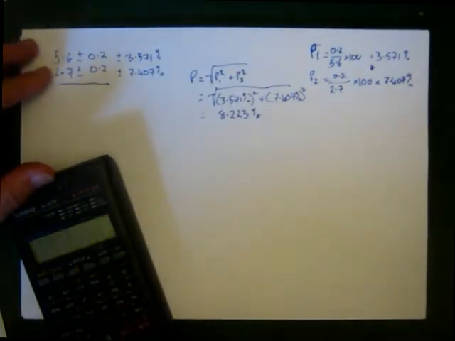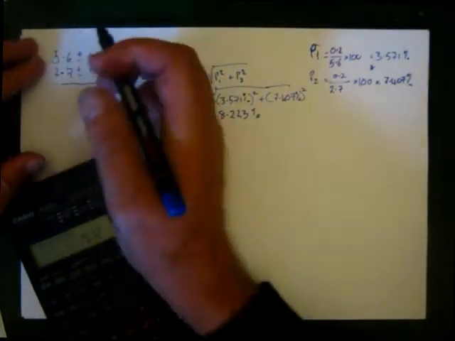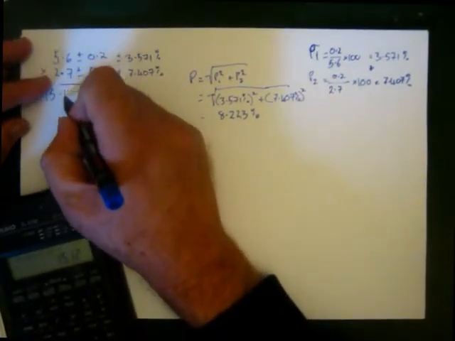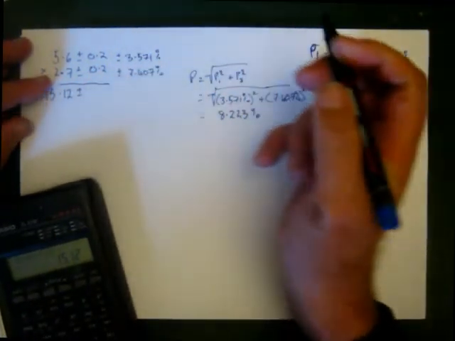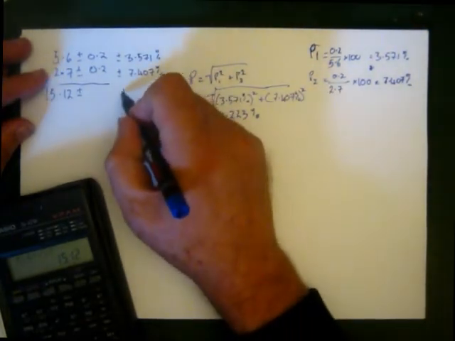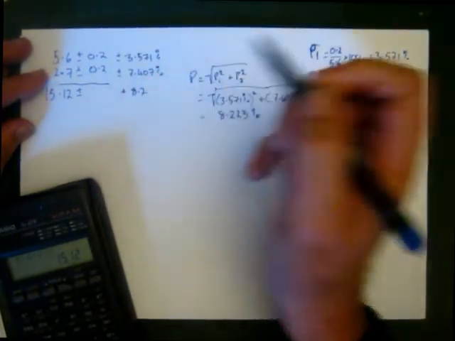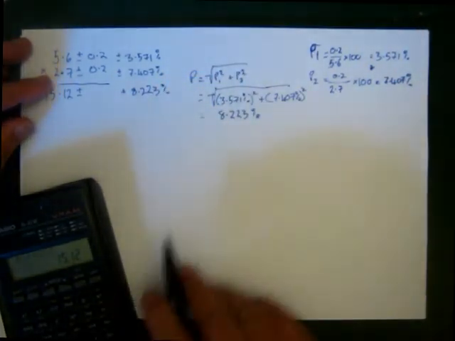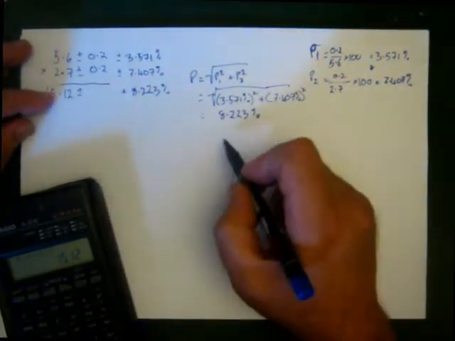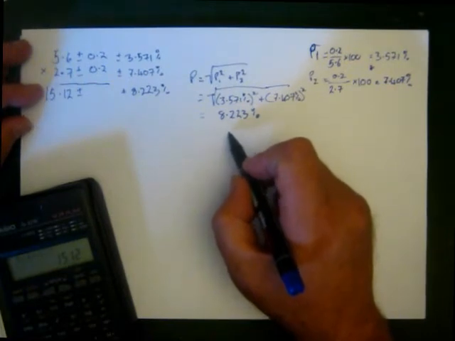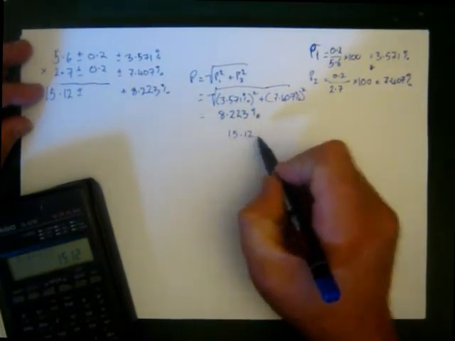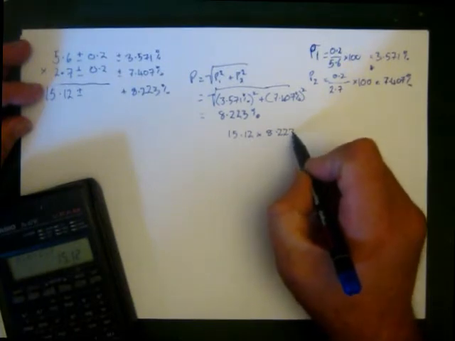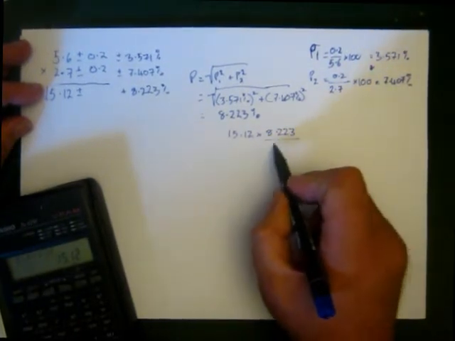Now to turn that uncertainty back into an absolute value, we find out the answer here, so that's going to be 5.6 times 2.7 equals 15.12 plus or minus 8.223%. So to find out the final uncertainty, we go 15.12 times 8.223 divided by 100.